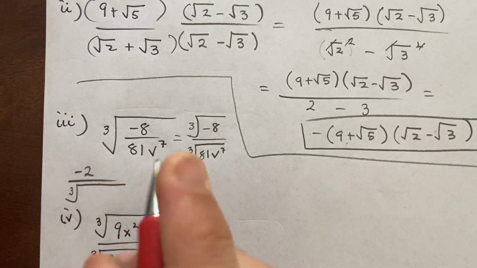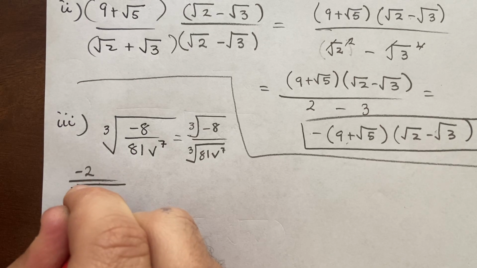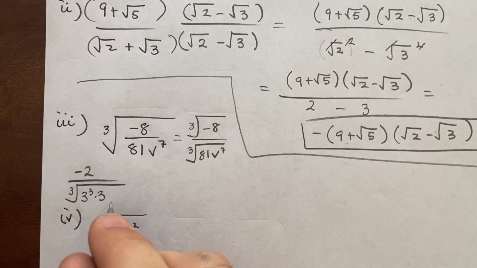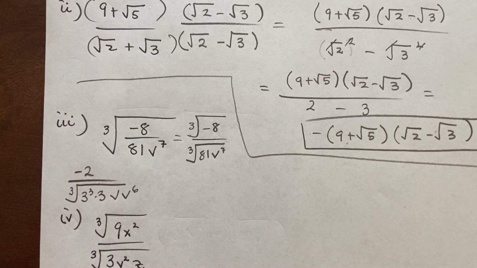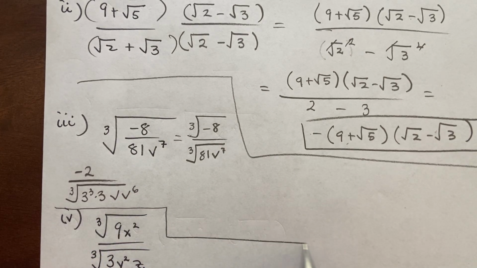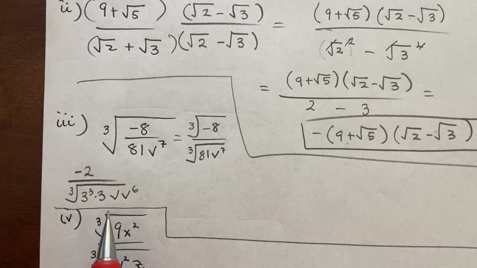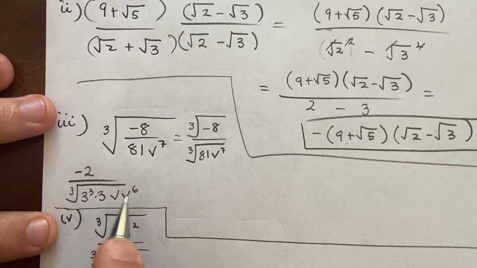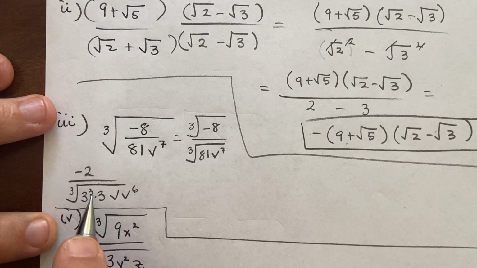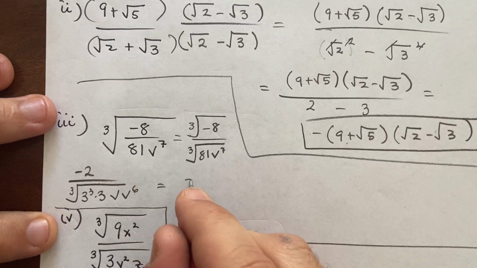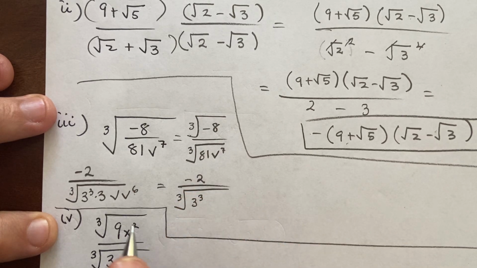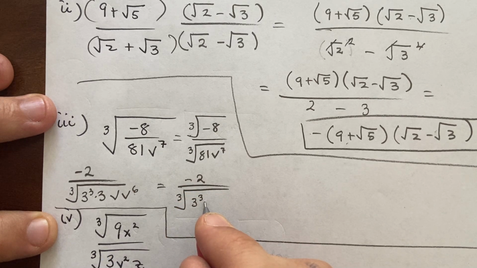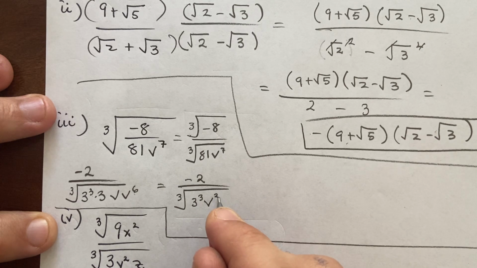So the cube root of 3 cubed times 3, v to the 7th I can think of as v times v to the 6th. Now everything that's a multiple of 3 will slide out front.